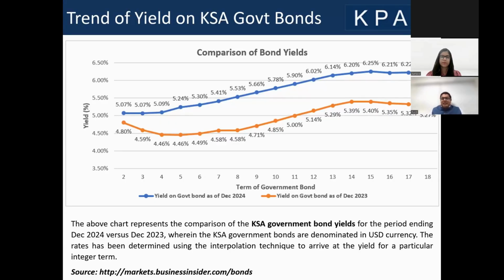So this is the trend of bond yields for KSA government bonds. We will observe in this chart that the increase is largest at the higher duration bond, that is the increase is up to 95 basis points for an 18-year government bond, whereas the increase is around 75 basis points for a medium term government bond, say a 5-year government bond.